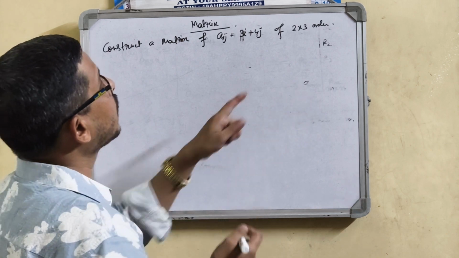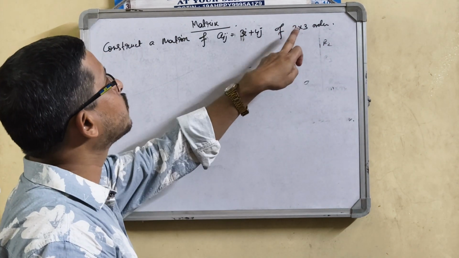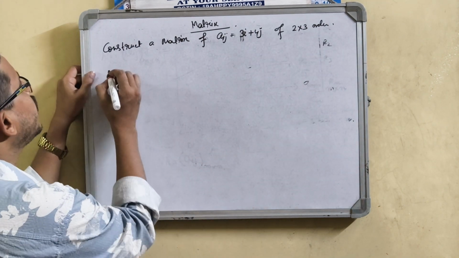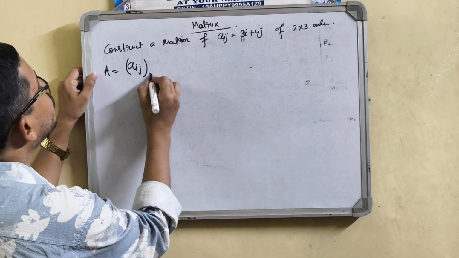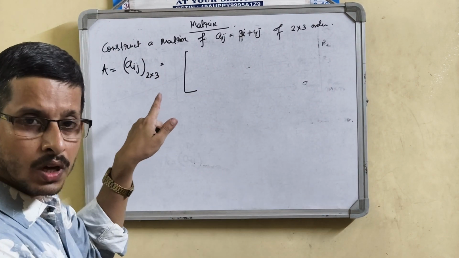Here order means the number of rows and number of columns together represent the order of the matrix. Here 2 by 3 means 2 rows and 3 columns. Then we may write down A equal to aij of 2 by 3.